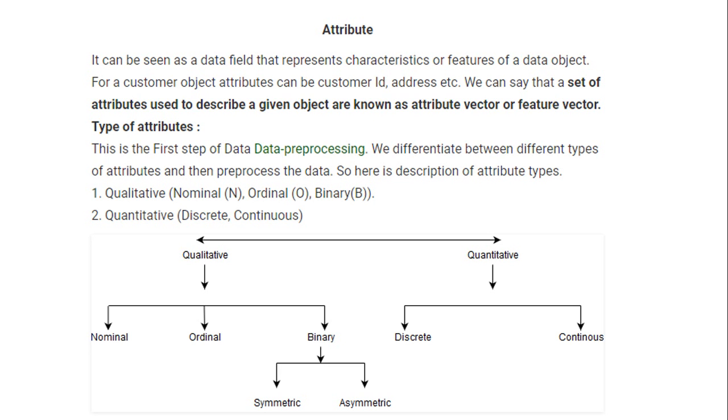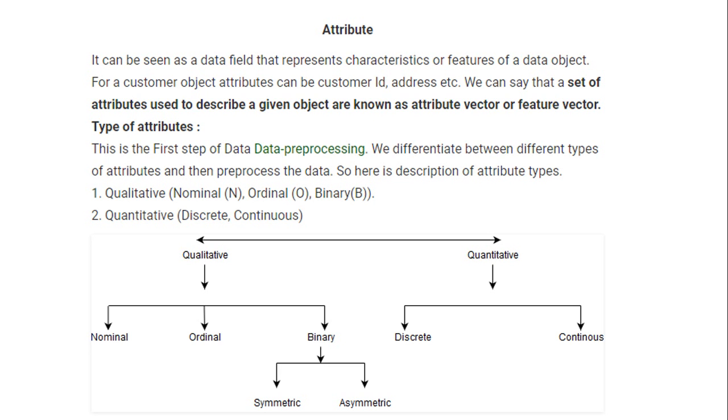Other examples of ordinal attributes can be grades, maybe A plus, A minus, B plus, C plus, and so forth. Even professional rankings, like in the military: private first, specialist, corporal, sergeant, or all those rankings in the army.